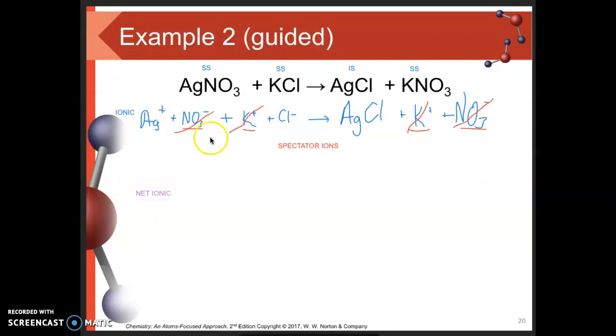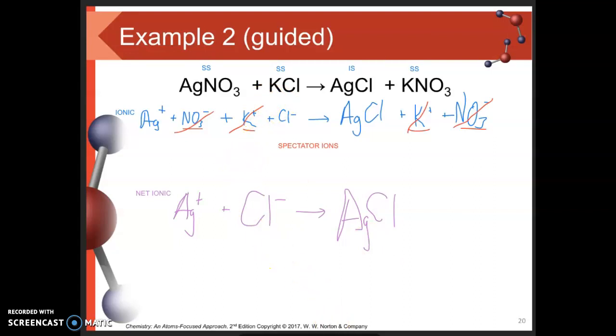So in the net ionic equation, those spectators go away. I have silver ion, Ag+, reacting with chloride ion, Cl-, to make silver chloride, AgCl. Okay, so that's this one.